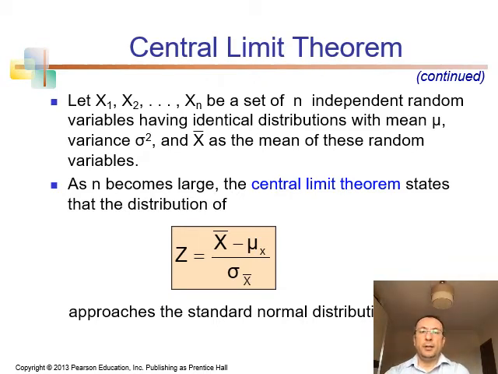The idea is, according to the central limit theorem, if we have a large sample size, then the standardized distribution of the sample mean will approach the standard normal distribution, which has mean 0 and variance equal to 1.